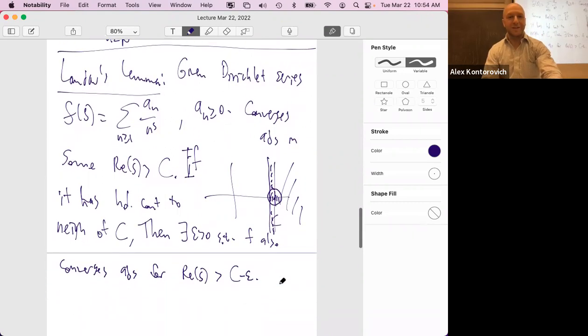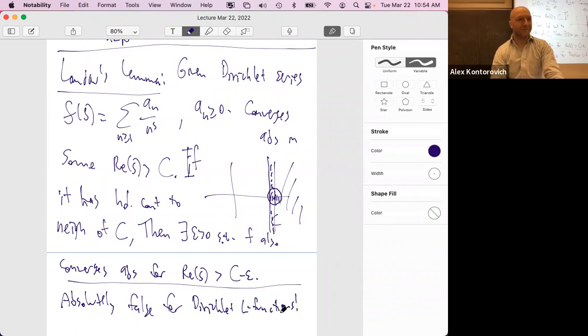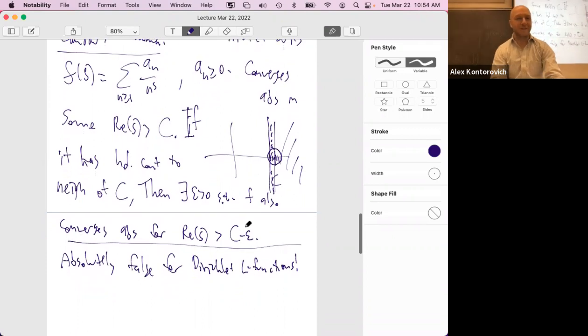Now notice, this is absolutely false already for our favorite Dirichlet L functions. A Dirichlet L function will converge up to 1. It has holomorphic continuation, but it does not converge absolutely inside of 1.